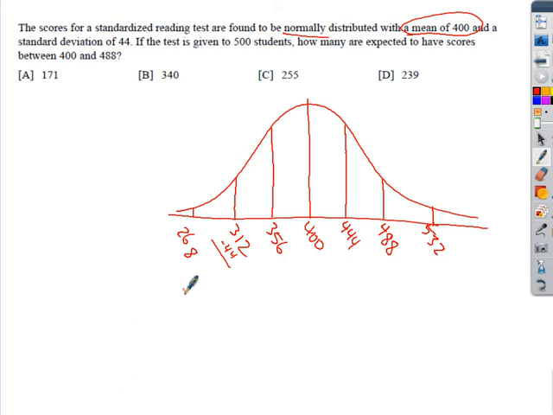Anyway, those are the values, and they're asking how many students are expected to have scores between 400 and 488. So they're looking for this space right here. How many students would fall in those first two categories? Now, the key numbers that you need to be aware of are that 68% of the scores in a normally distributed thing like this are going to fall within one standard deviation away and one standard deviation this way.